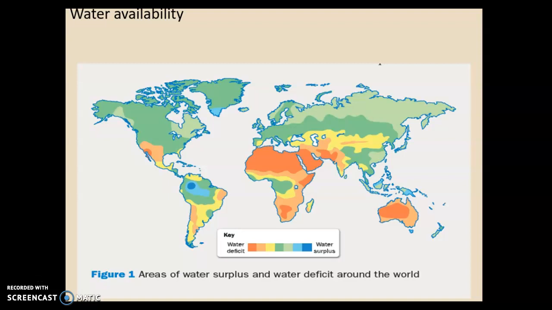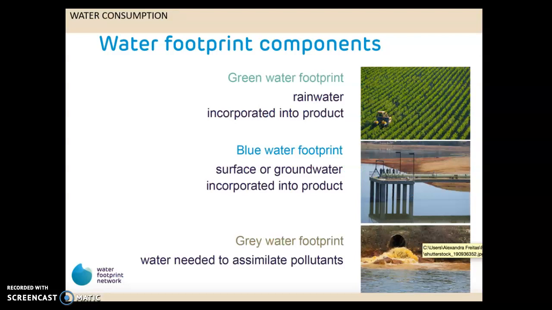And then you've got fresh water. Usually doesn't taste very nice though, to be fair. So you can see these areas of deficit, quite often it's related to climate, but also to population, where you have a massive population that can also create a deficit.